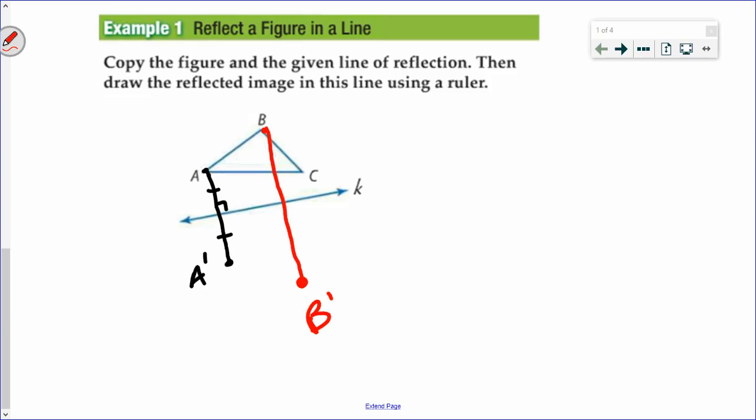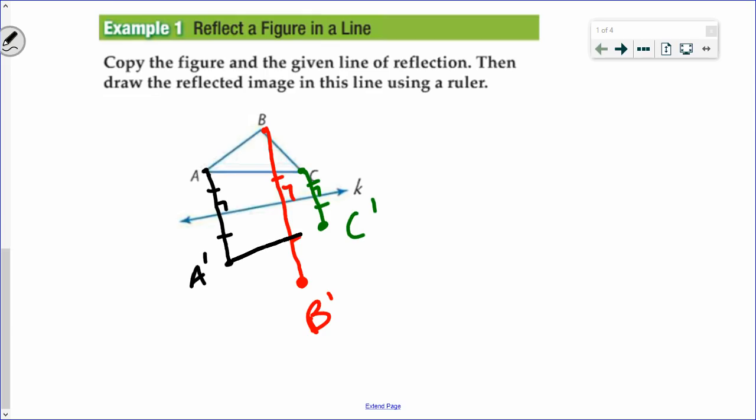It's supposed to be a perpendicular bisector, so it bisects that red line and it's perpendicular. And lastly, we do this with point C as well, going about the same distance as accurately as we can from line K. And here would be point C prime.